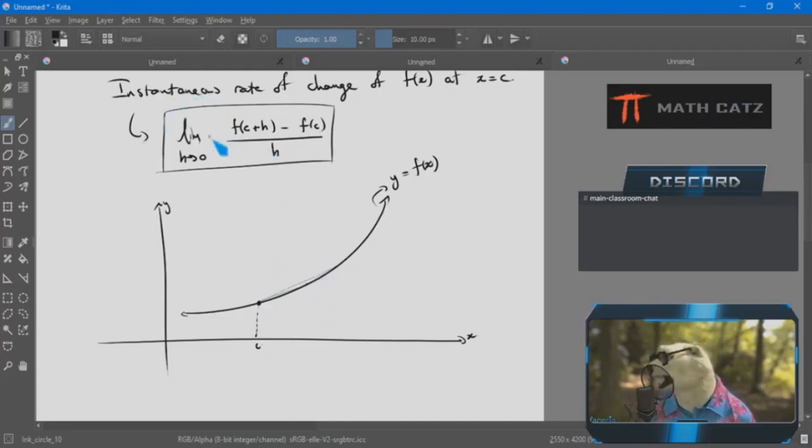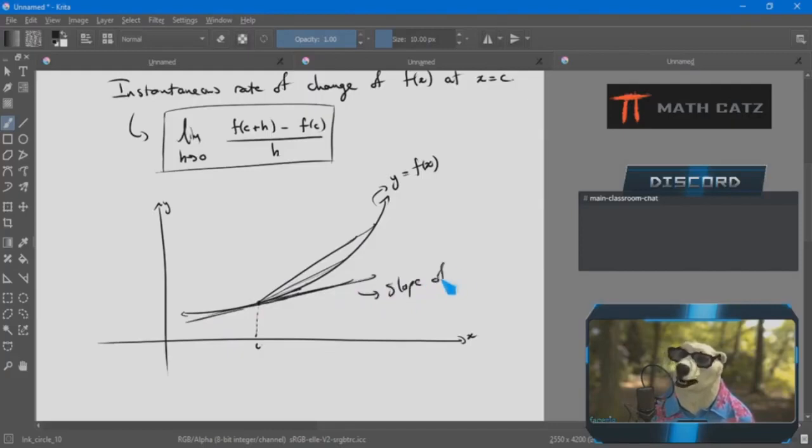Hence we look at the behavior and see which way these secant lines are headed. A secant line has a slope, change in y over change in x, as we let this window change. What we end up with then is the slope of the tangent line at x equal to c.